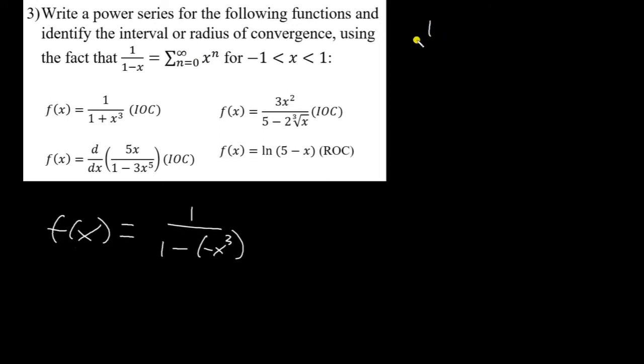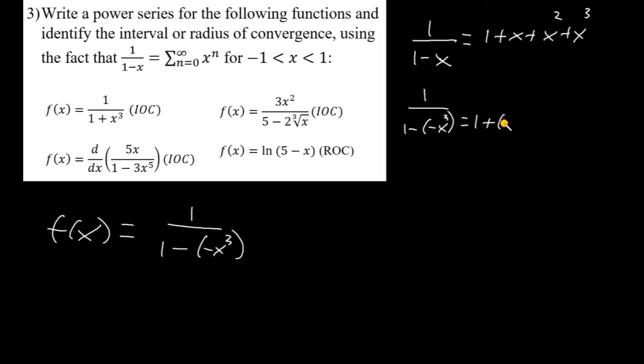So for example, since this 1 over 1 minus x equals 1 plus x plus x squared plus x cubed and so on and so forth, I can say that 1 over 1 minus negative x cubed equals 1 plus negative x cubed plus negative x cubed squared plus negative x cubed cubed and so on.